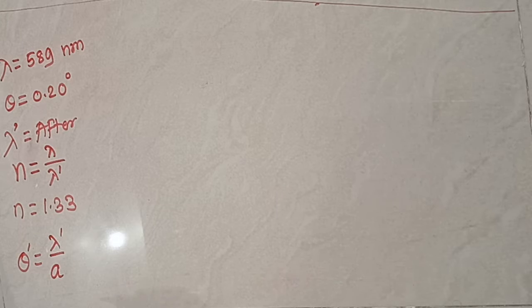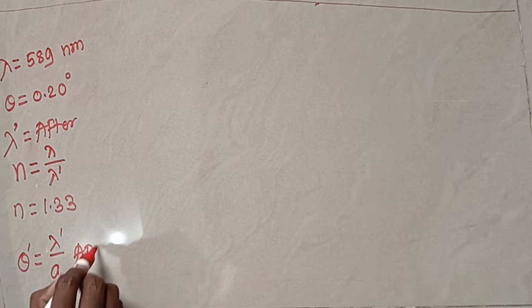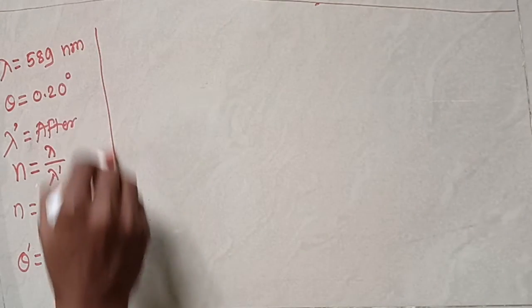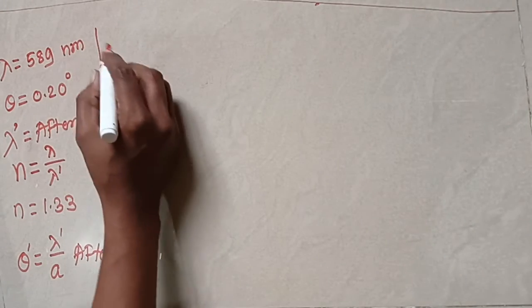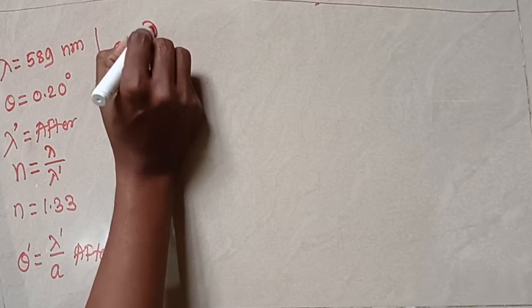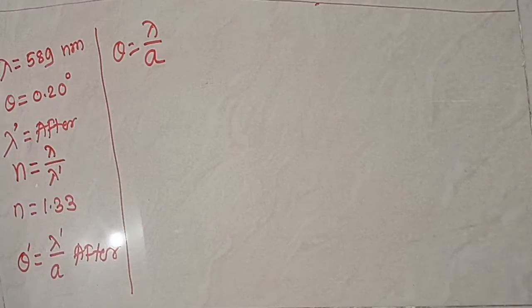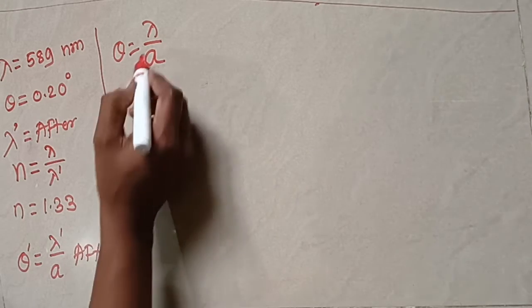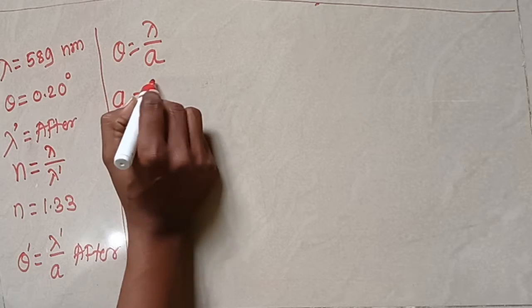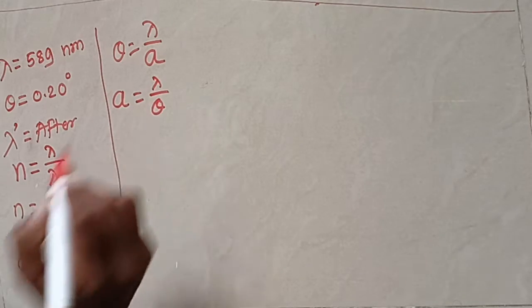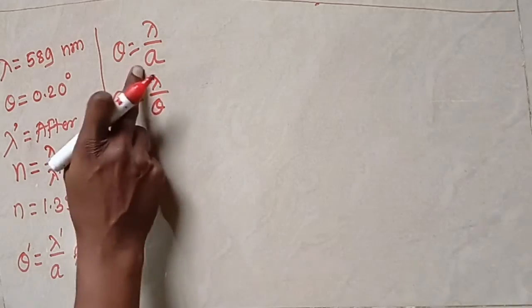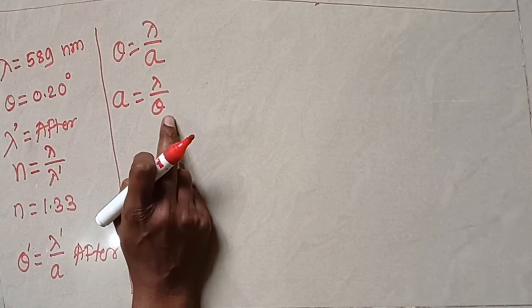Now this is the formula after immersion in water. What is the formula before immersion in water? Theta is equal to lambda upon a, right? Now by using this formula, a is equal to lambda upon theta.